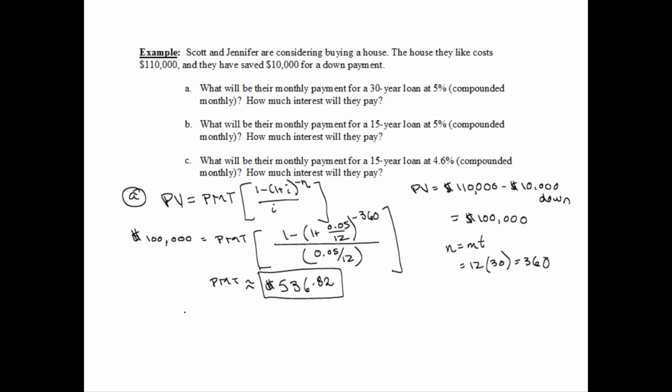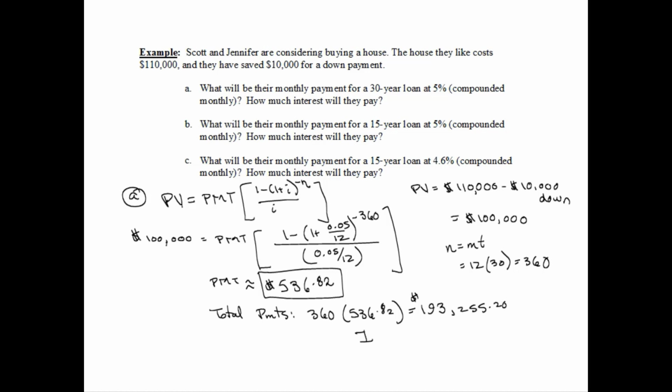And so my interest, my total payments, let's calculate first. My total payments, I have 360 times that 536.82. So that is $193,255.20.